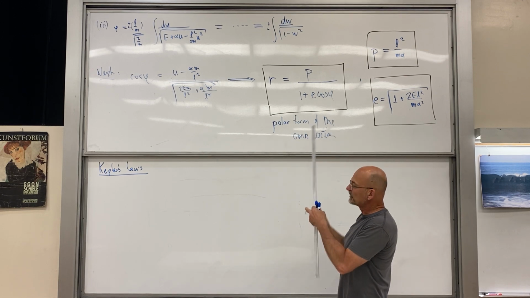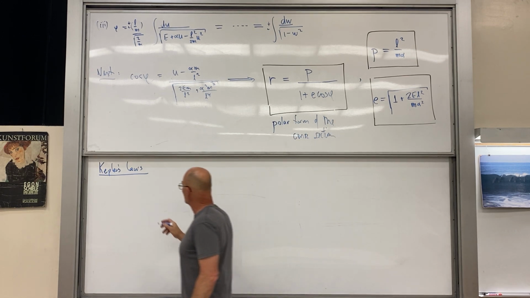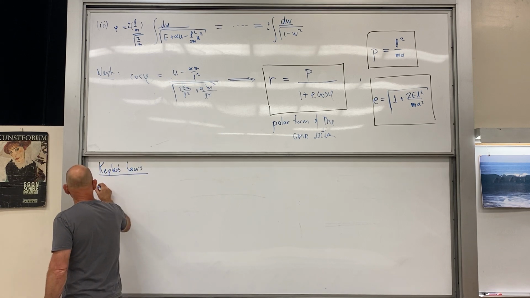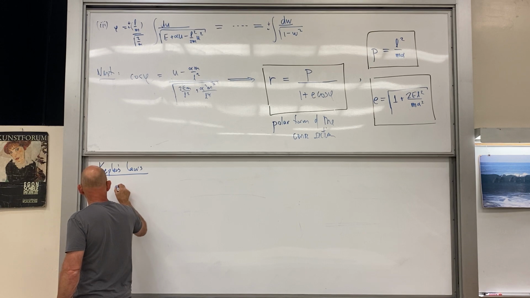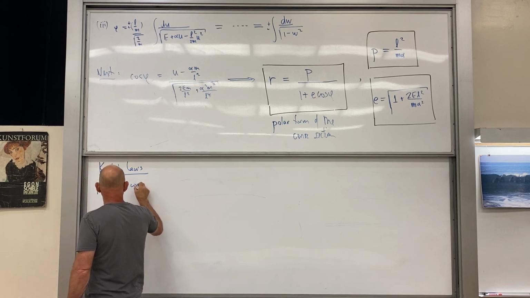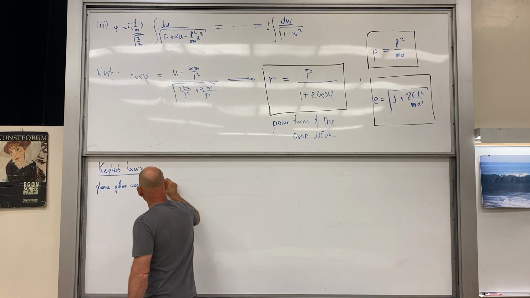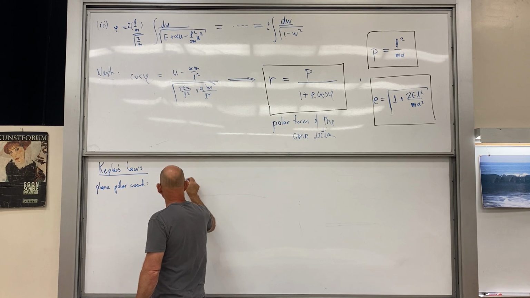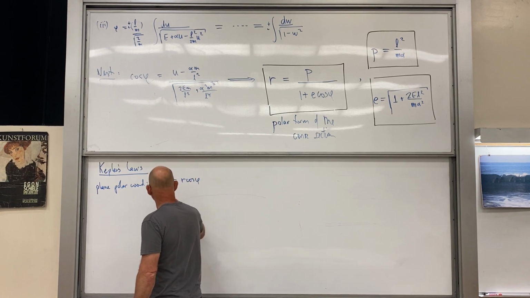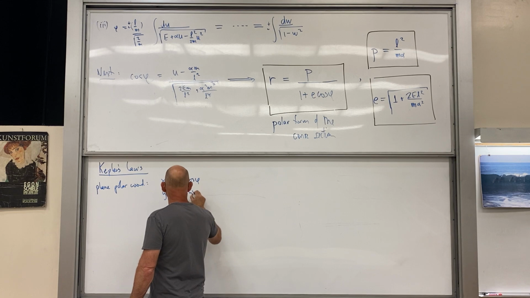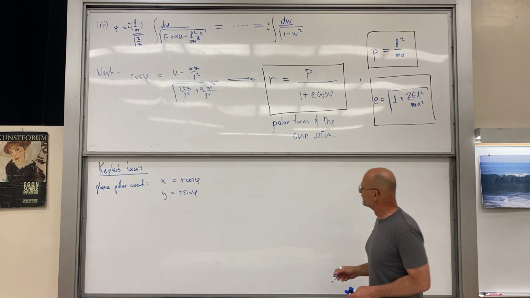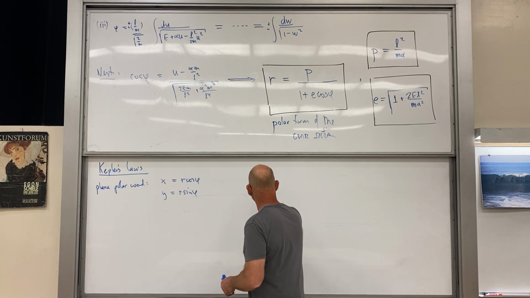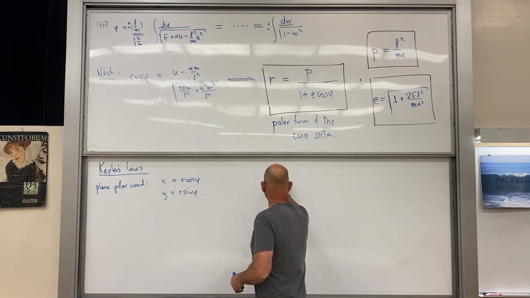we have r of phi, so we have to remind ourselves that we were in plane polar coordinates. We went from Cartesians to plane polar coordinates. So of course we know that x is r cos phi, y is r sin phi. We want to graph this in the xy plane. And let's go ahead and do it right here.